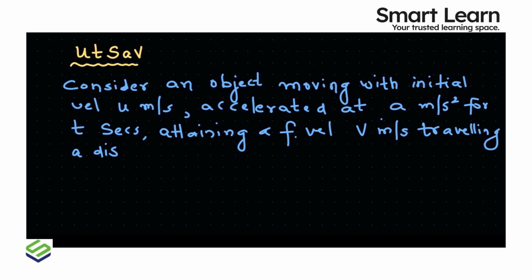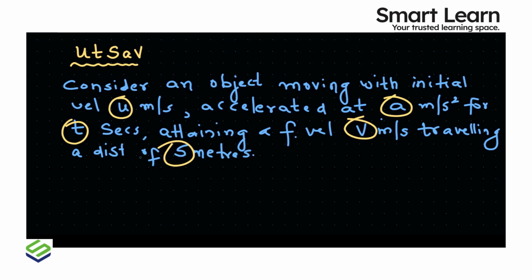So this is the introduction you will write for all the equations of motion. So what are the terms which are involved in this? U, A, T, V, and S. Now we will draw the velocity time graph and we will derive all of them one by one.